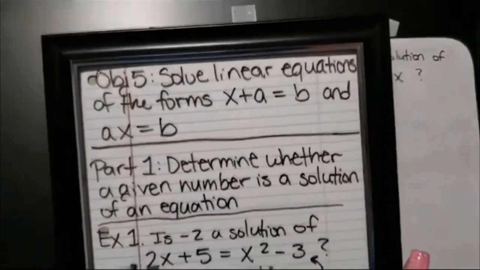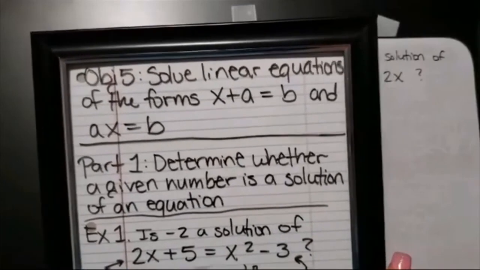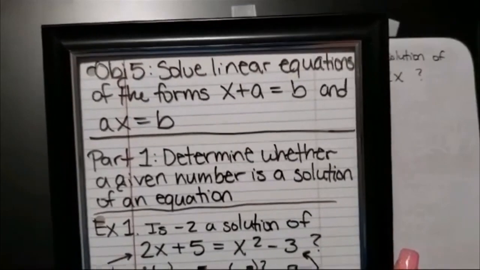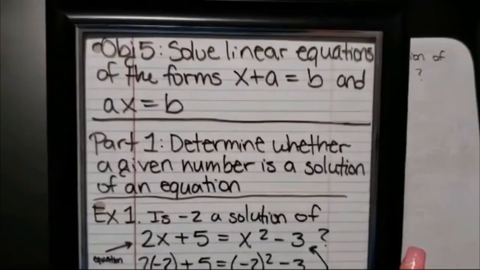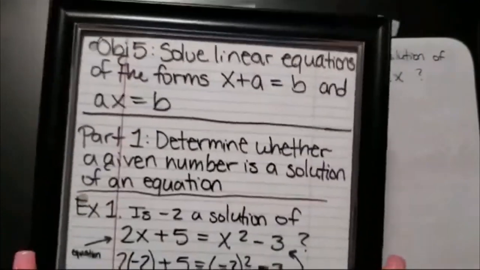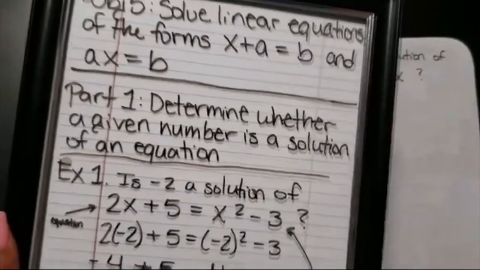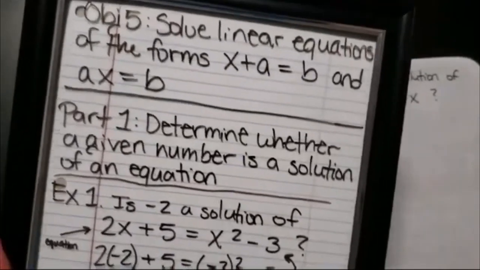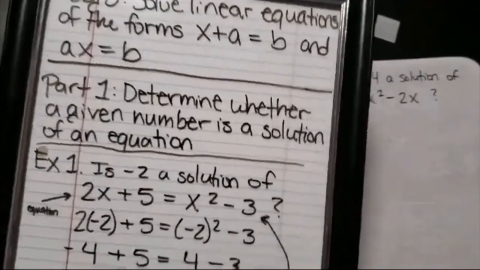In objective 5, we're going to be solving linear equations of the form x plus a equals b and ax equals b. Okay, so for part 1, we're going to talk about how to determine whether a given number is a solution of an equation.